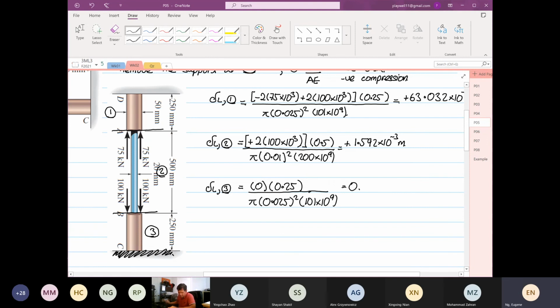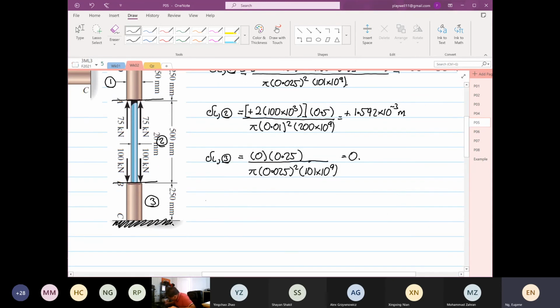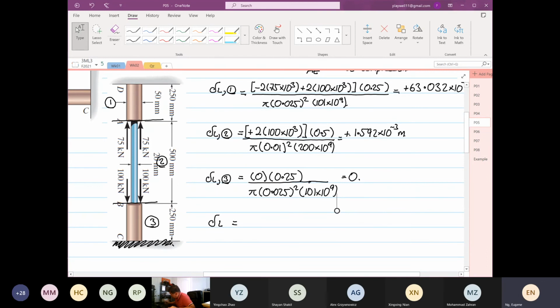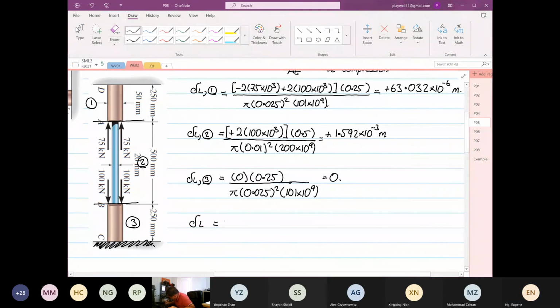From here, we can calculate the deflection due to the load. So the deflection due to the load will be equal to 63.032 times 10 to the power minus 6 plus 1.592 times 10 to the power minus 3, plus 0.